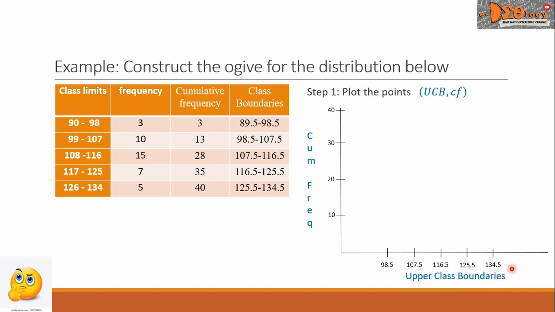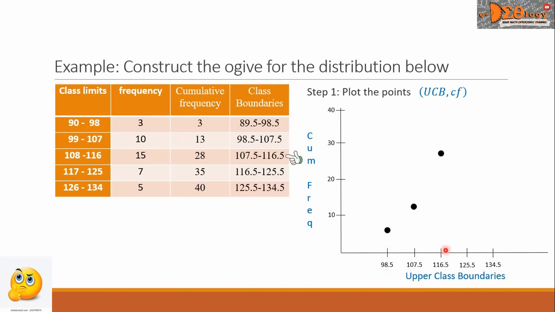Let us now start plotting the points. Let's begin with the first point, that is 98.5 and 3. This is now the first point. The second point is 107.5 and 13. This is the point.